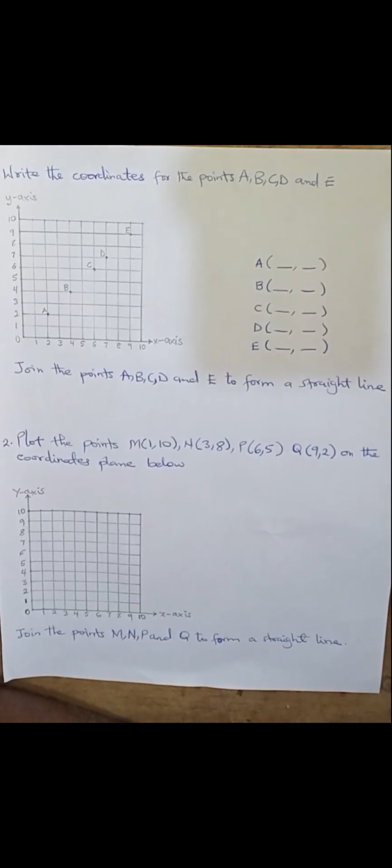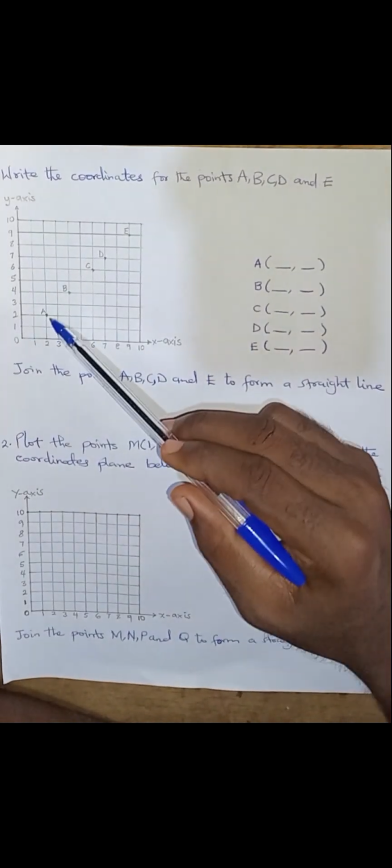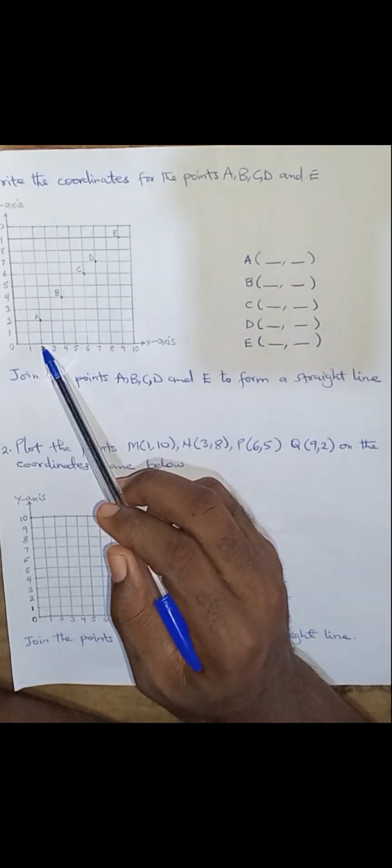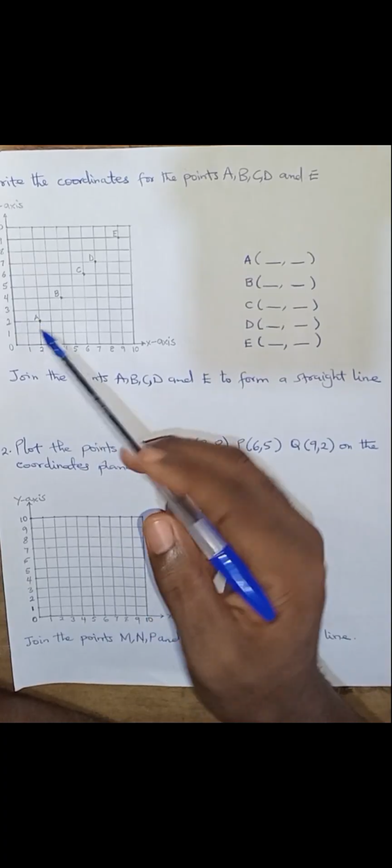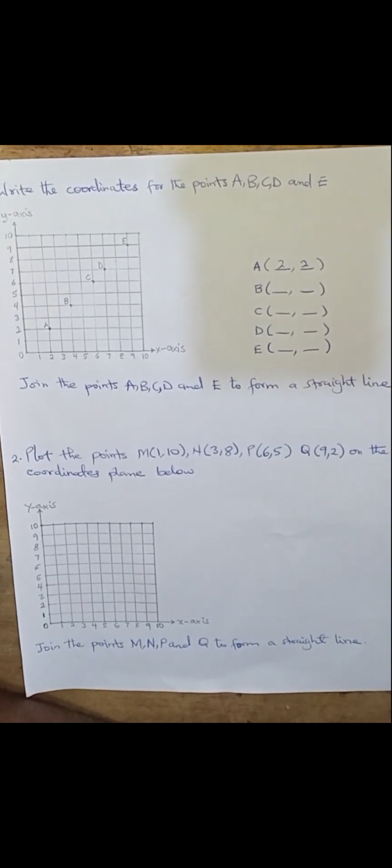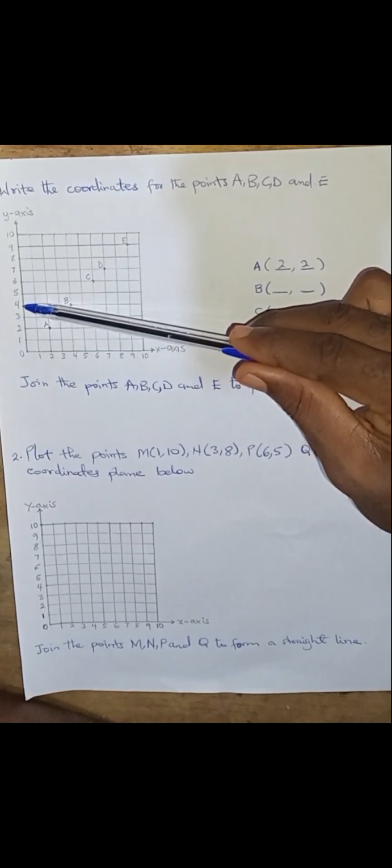So quickly, point A, when we trace it along the x-axis, 2, along the y-axis, 2. And so our coordinates for point A is (2, 2). Okay, so for point B, we have (4, 4).